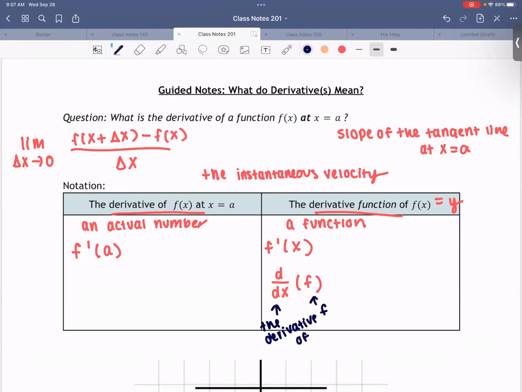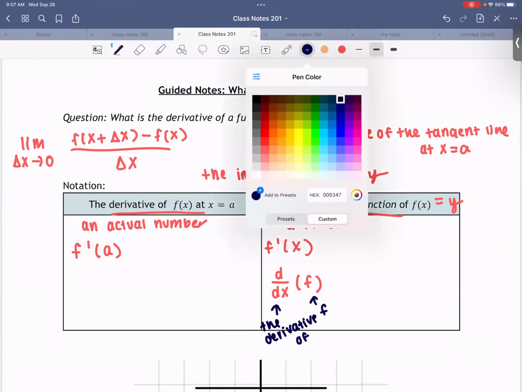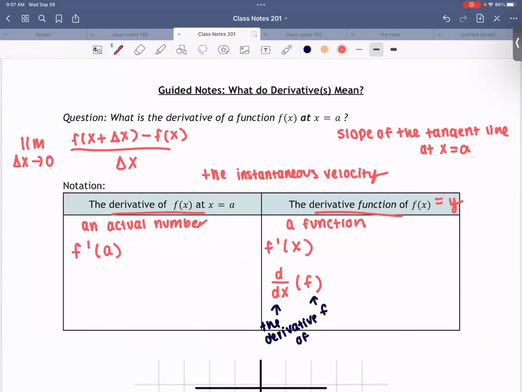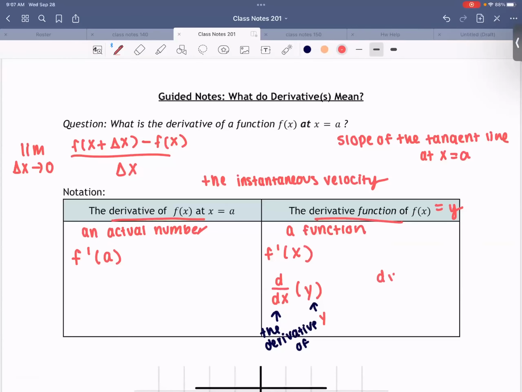Sometimes I might just use y, because that's usually more commonly used, though f would be fine. And sometimes we might stick the y up top, so sometimes you might see dy over dx. But d over dx just means take the derivative of something. Any questions so far? All right, I think we're all good on notation.